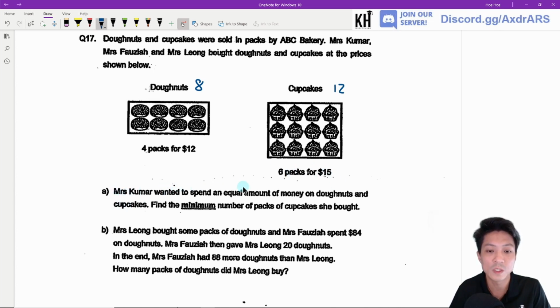So Mrs. Kumar wanted to spend an equal amount of money on donuts and cupcakes. Find the minimum number of packets of cupcakes she bought. Equal amount.